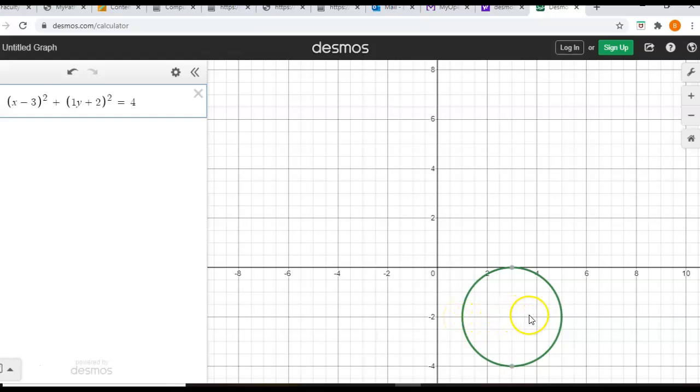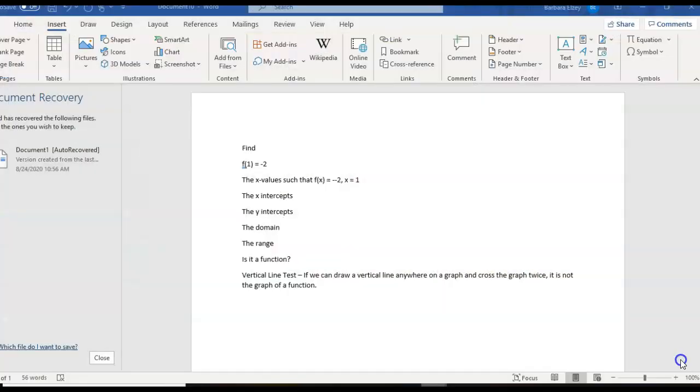But if we go across here where there's also a y value of negative 2, is that point right there. And let's notice the x value there is a 5. So we need both x equals 1 and x equals 5 for our two x values, where the y value is equal to negative 2.